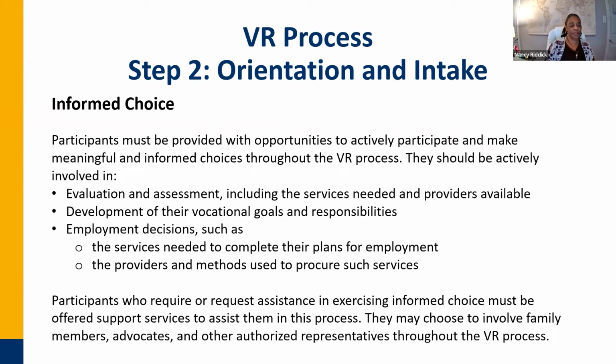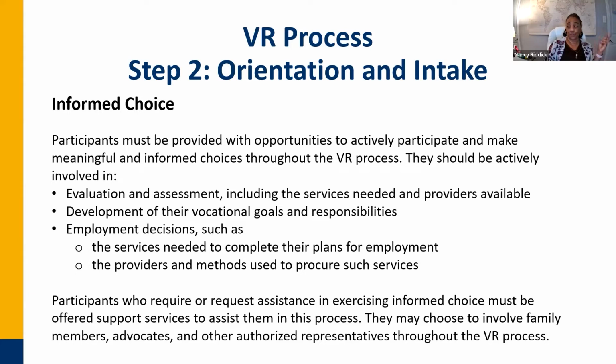Participants, okay, as far as informed choice, participants must be provided with opportunities to actively participate. We can't make our participants do a thing, okay? We give them the information and what they're to be involved in and what they should be involved in. As you know, they have that on their informed choice. Evaluations and assessments, you know, we have to have those.